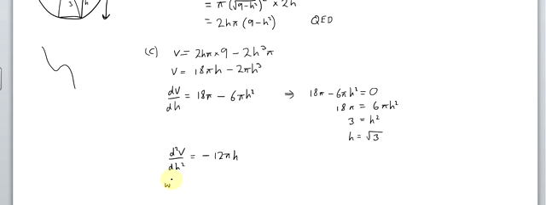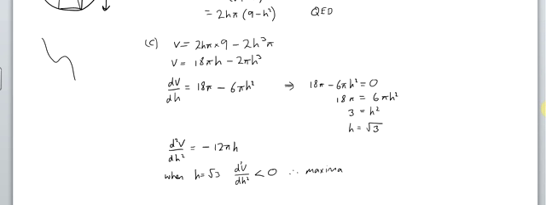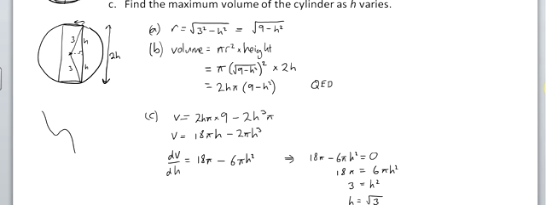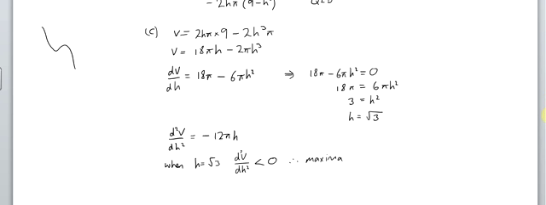And you can see that when h is equal to root 3, d2V by dh squared is less than 0. It's going to be negative, and that means we've got a maxima, which is ideal.